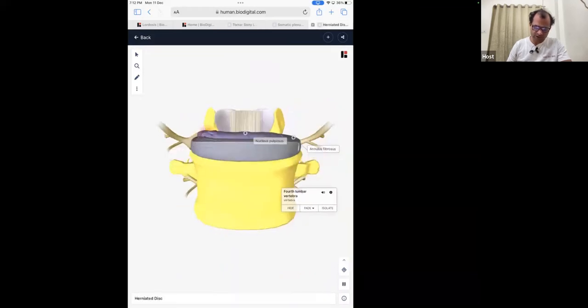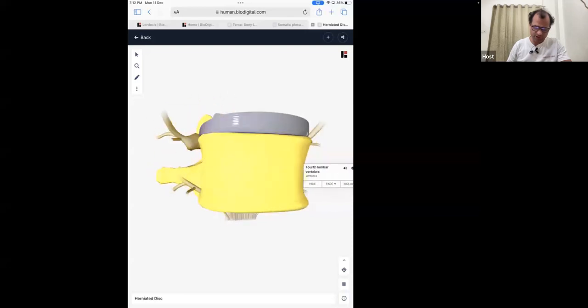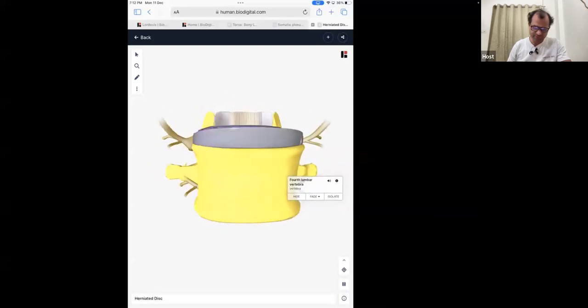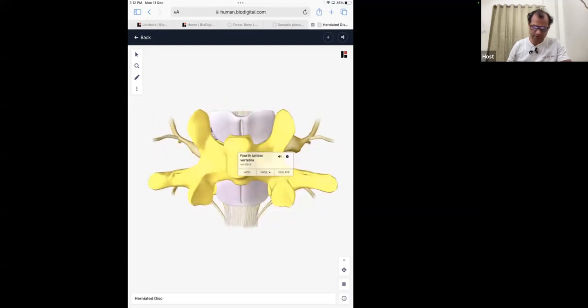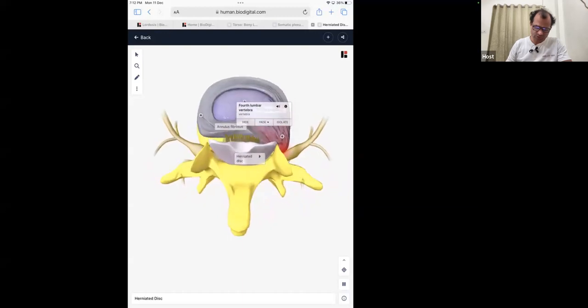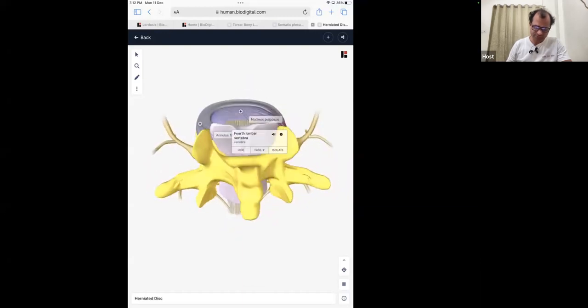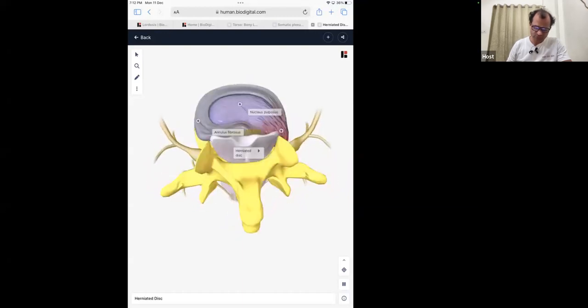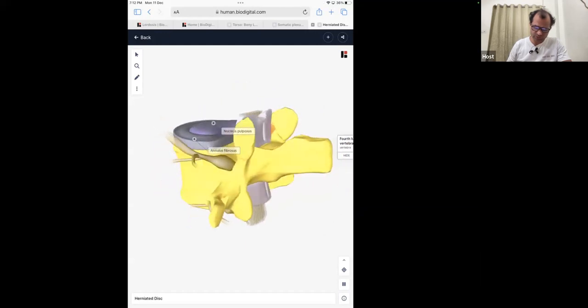And this is the single vertebra. This is the back side. This is the spinous process, which is on the back side. This one, pointed part.